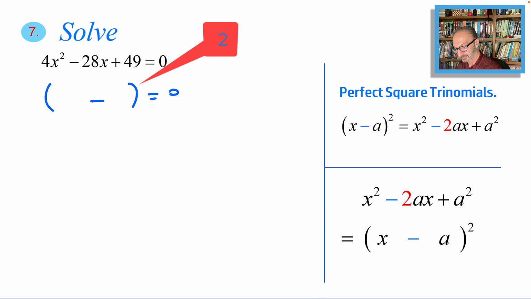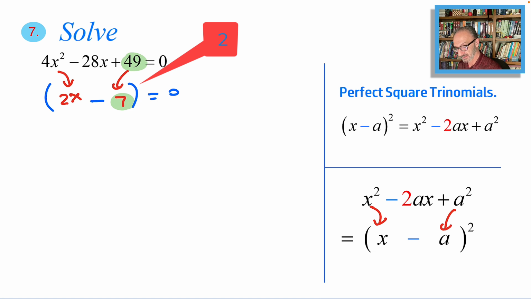So we have 49 goes down to 7, just like a squared goes down to a, x squared goes down to x, 4x to the second goes down to 2x. Meaning, if this is a, that is a square.